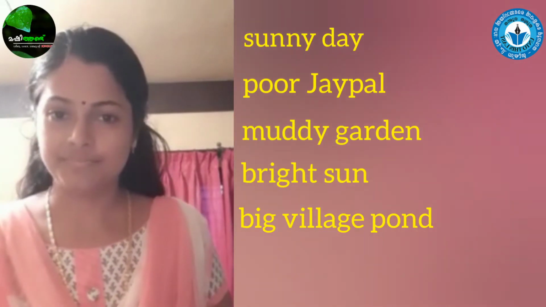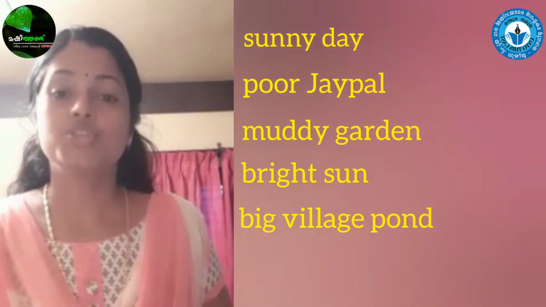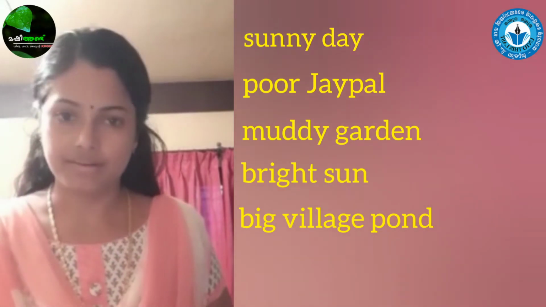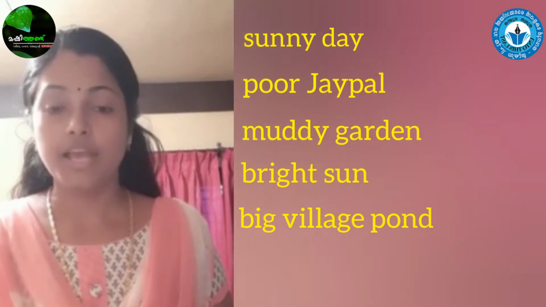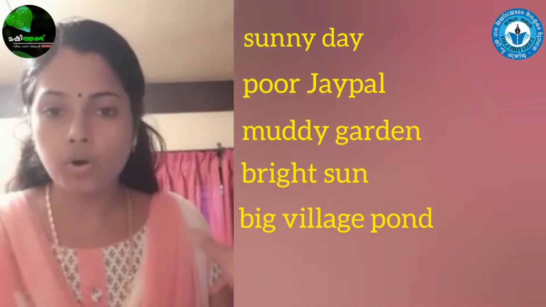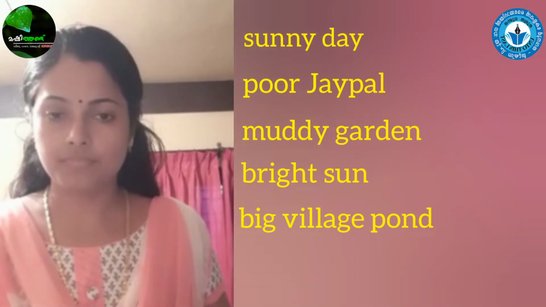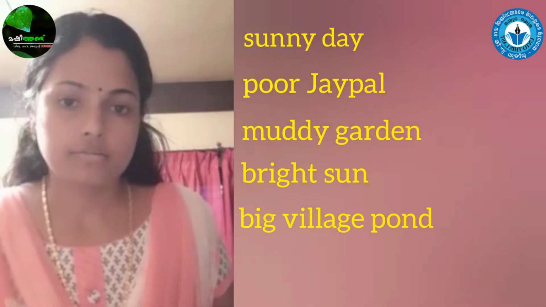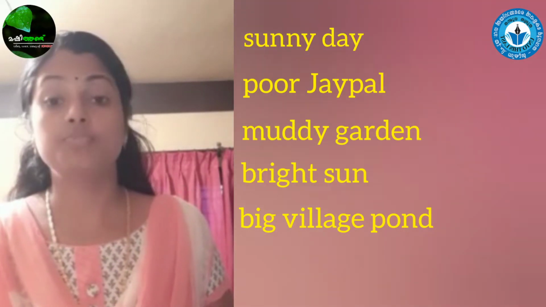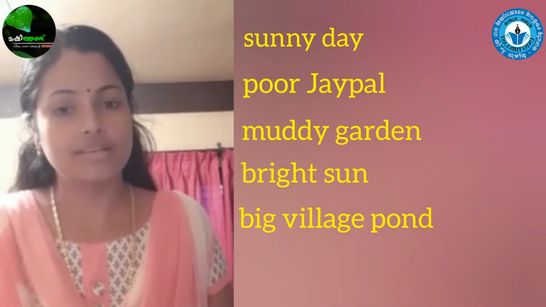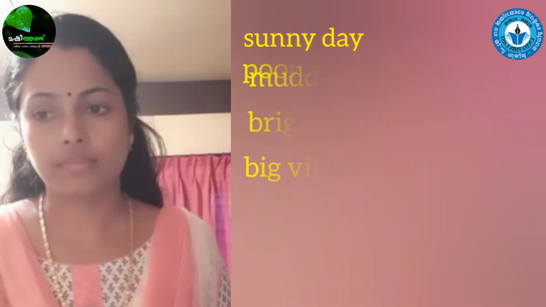How is the sun? Bright. So bright is the adjective here. And also big pond. What is the kind? What is the shape? What kind of pond? That's a big pond. So big is the adjective here.